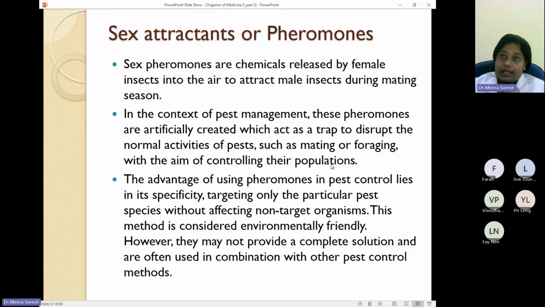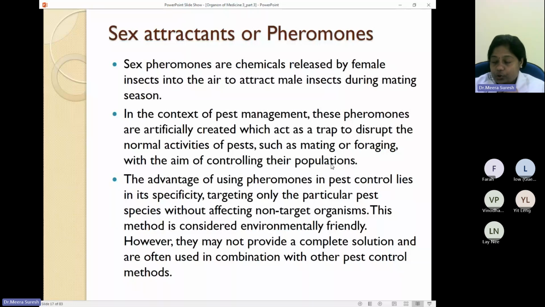Because the other methods, especially the insecticides, as I already told, it's not only that particular insect being killed, even the symbiotic ones or the ones that are useful for human beings will be killed in case of insecticides or any pesticides.